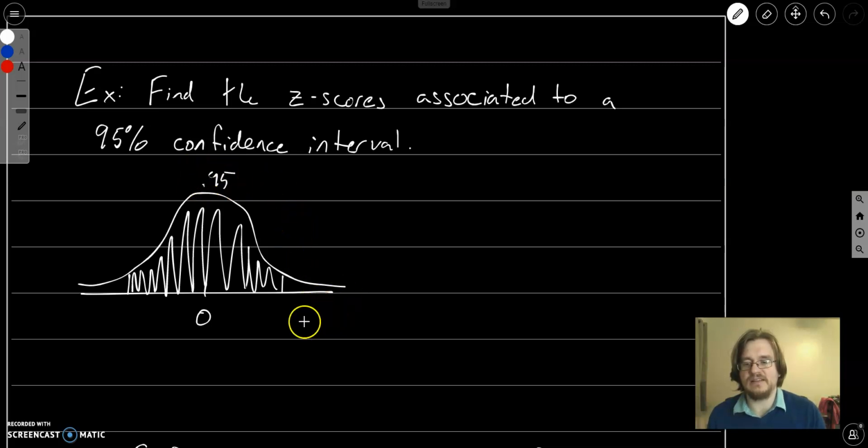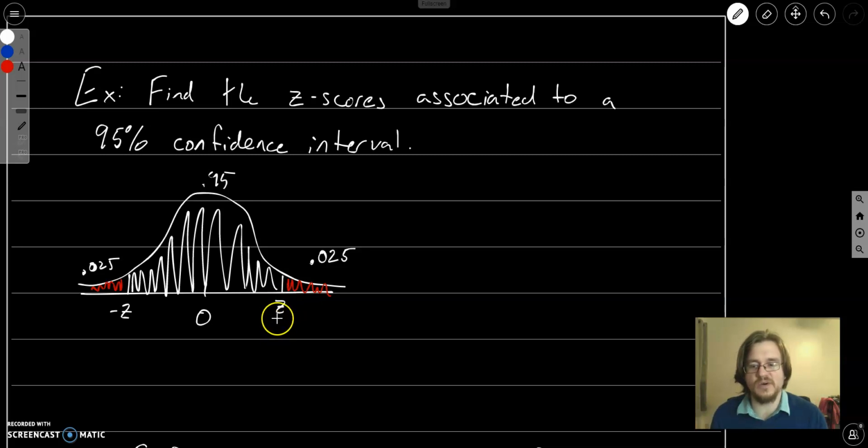That means that the area outside of this is going to be 0.05, and furthermore, half of it is going to be on this side, half on this side. So half of 0.05 is 0.025, and 0.025. I want to find this z-score here, and this z-score, which is going to be the same as this one.